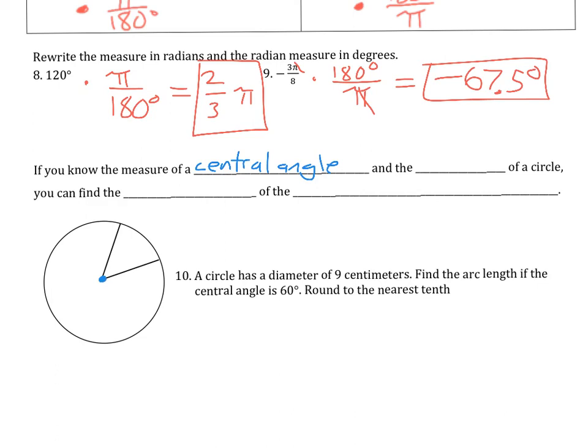If you know the measure of a central angle and the radius of the circle, you can find the arc length, which is here. You could find the arc length of the intercepted arc.